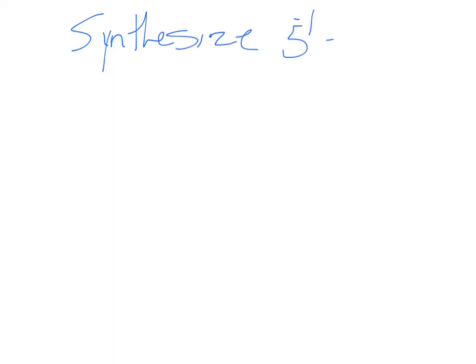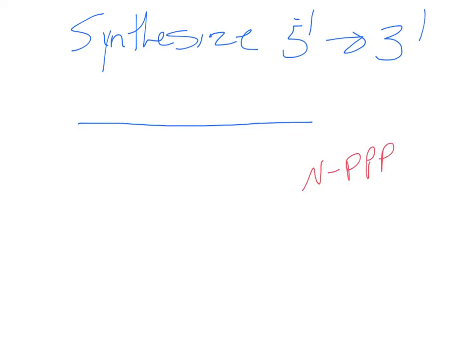Okay. So if, on the other hand, you synthesize in the 5' to 3' direction, as is what happens, the energy is in the nucleotides. So, for example, if you're going to add a new nucleotide, the energy is in the nucleotide. So you add it, and the energy is now lost, but you get a new nucleotide.